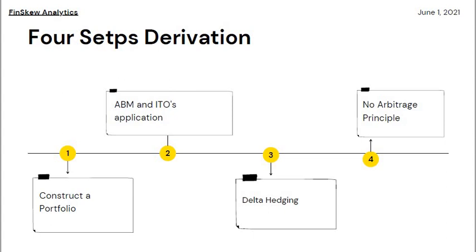So these are the four steps which you need to follow to derive the Black-Scholes partial differential equation. Post that, it's just a mathematical beauty to arrive at the closed form solution of the Black-Scholes-Merton model. So: construct portfolio, ABM, Ito's application, delta hedging, and the arbitrage principle.